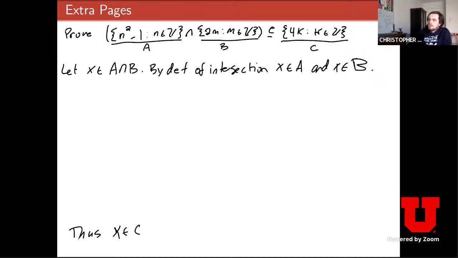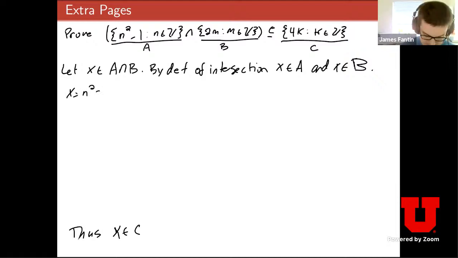There exists some integer such that x equals that integer squared minus 1. Yeah, so x is equal to n squared minus 1 for some n in Z. And we also have that x is equal to 2m for some m in Z.